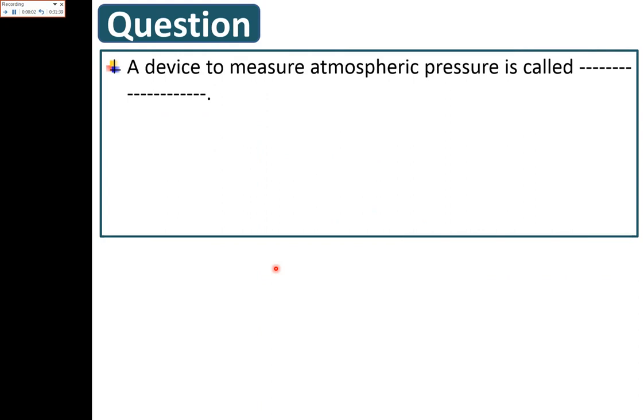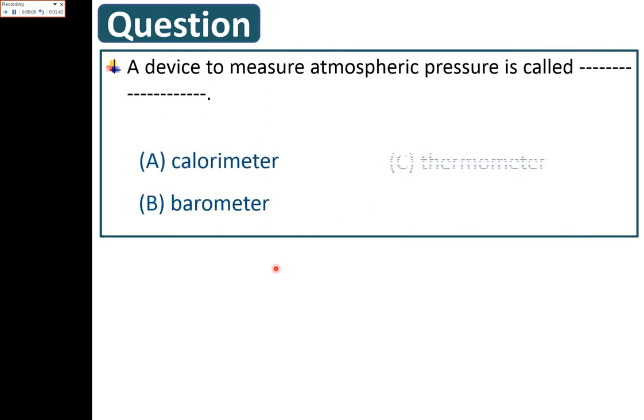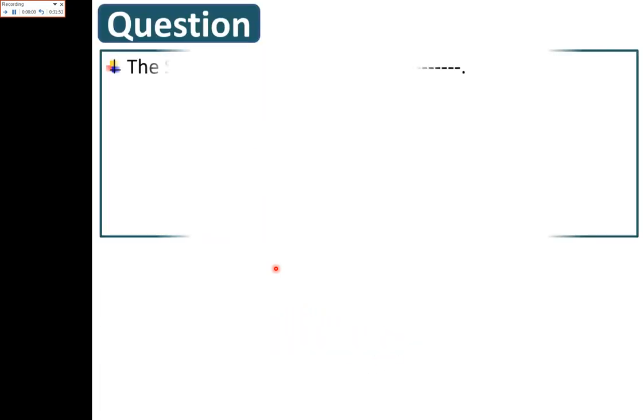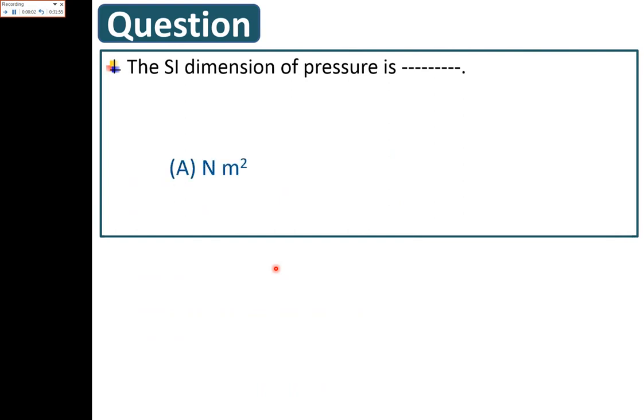A device to measure the atmospheric pressure is called calorimeter, barometer, thermometer, or viscometer. Which one? Actually, the pressure is measured by the barometer. So this is the correct answer. The SI dimension of pressure is Newton meter square, kilogram meter minus 1 second minus 2, kilogram meter second minus 2, or kilogram meter squared second minus 2.